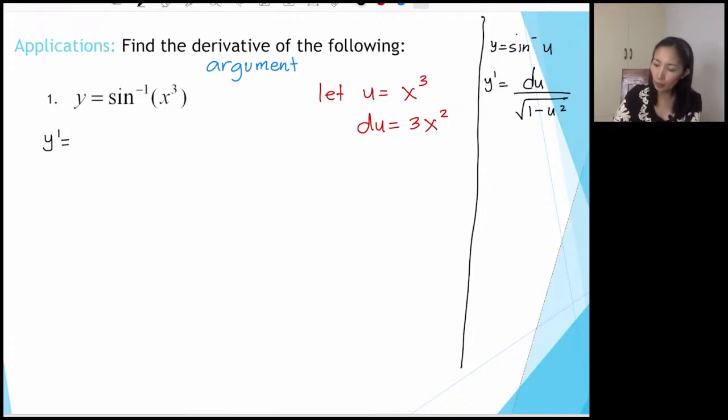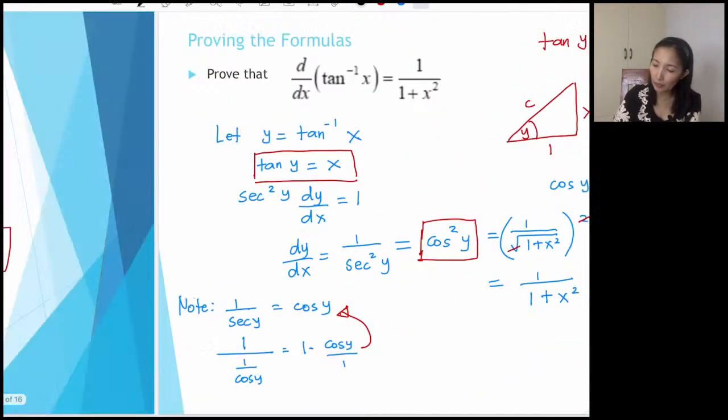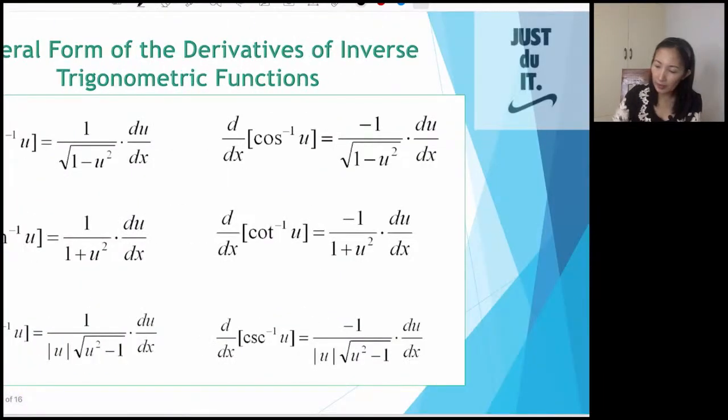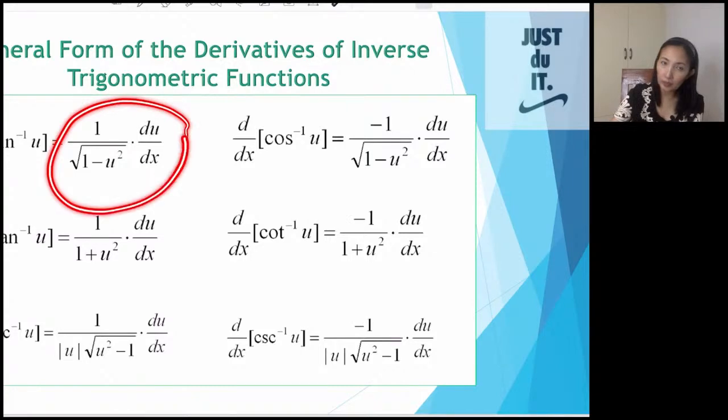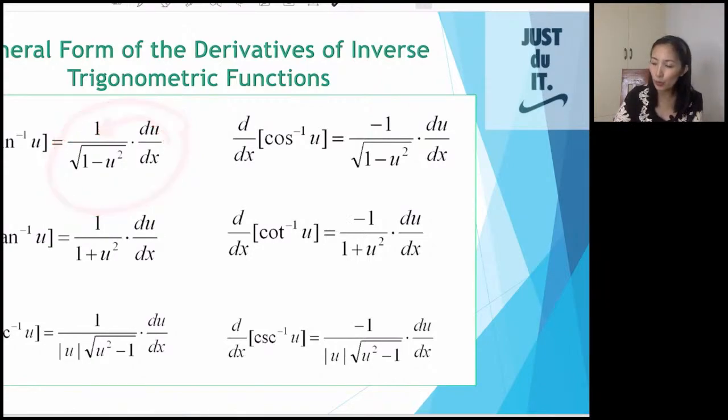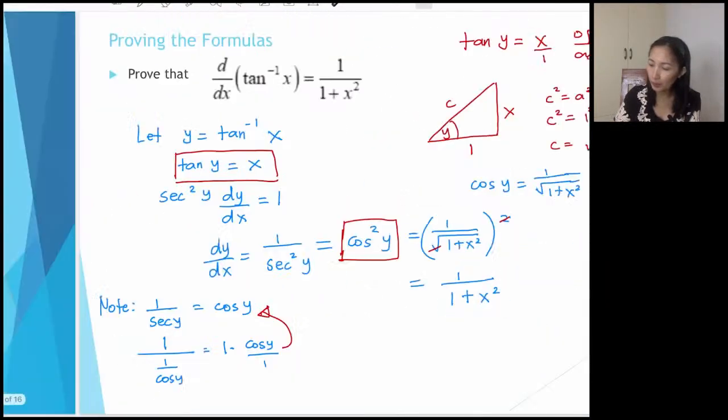Going back to our list of formulas, there it is: 1 over the square root of 1 minus u squared times du. Or you can just write du in the numerator. So going back.